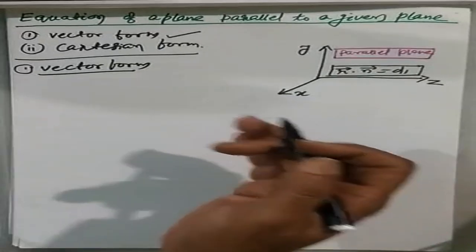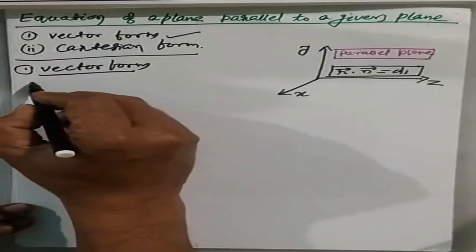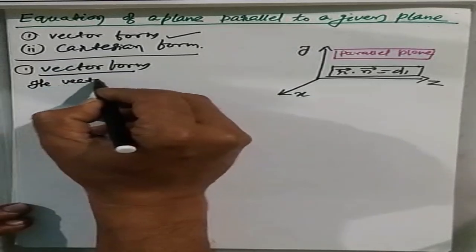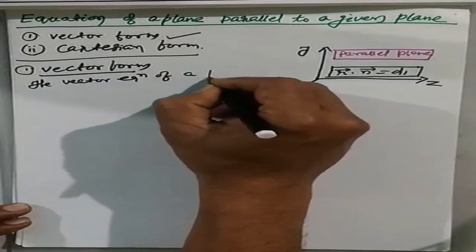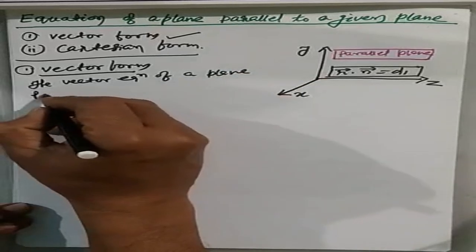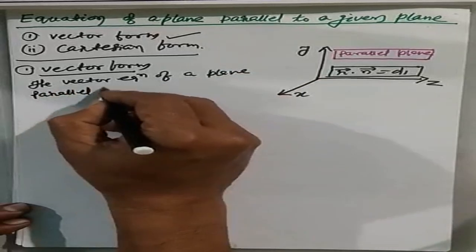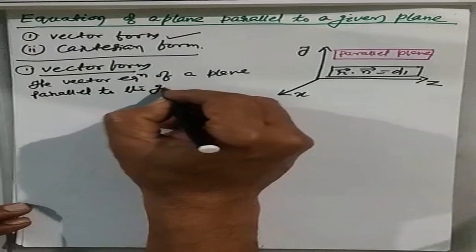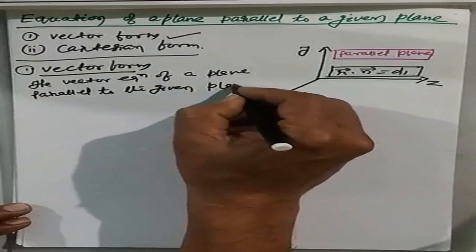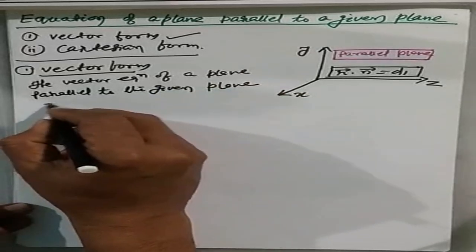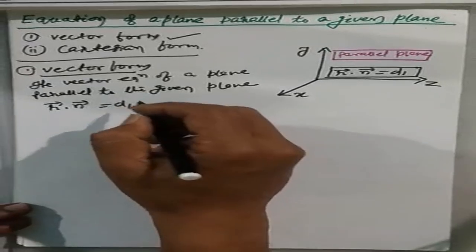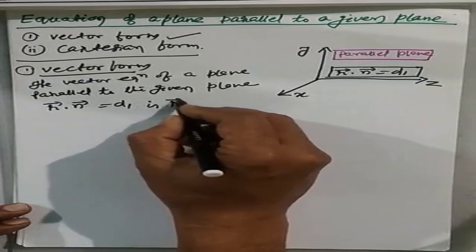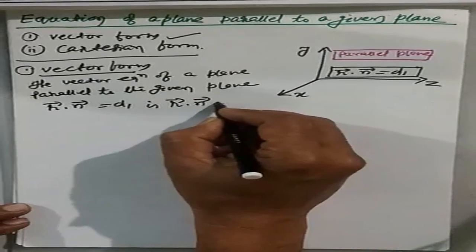Now whatever we find, we are going to write it. So the vector equation of a plane parallel to the given plane, vector r dot vector n is equal to d1, is vector r dot vector n is equal to d2.